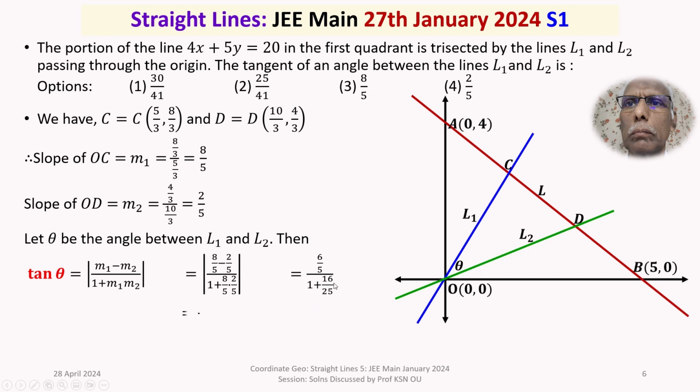Then you will get 6 by 5 multiplied by 25 by 41, that is 30 by 41. So tan theta, the tan of the angle, is 30 by 41. That is precisely appearing at option 1. So therefore, the answer to this question is option 1.